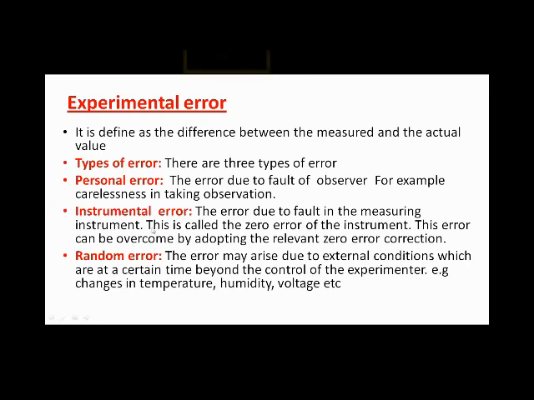The next one is the instrumental error. Instrumental error is the error which arises due to the measuring instrument. Let's suppose it has some mistake and does not draw an accurate line.